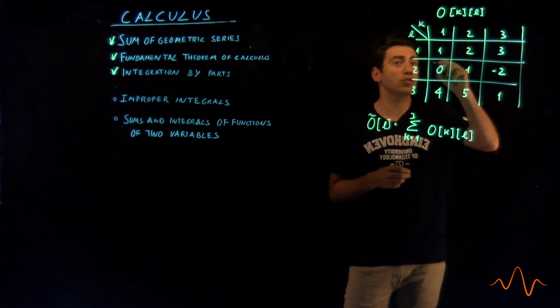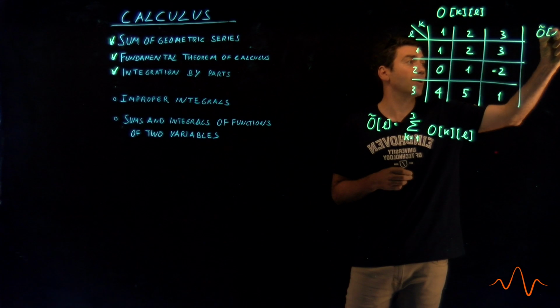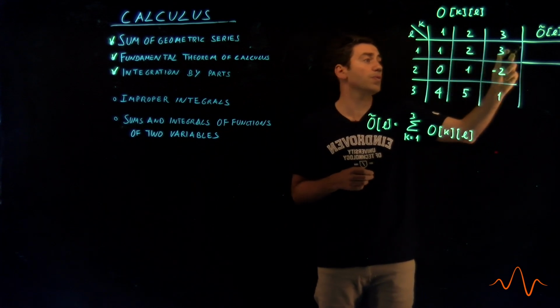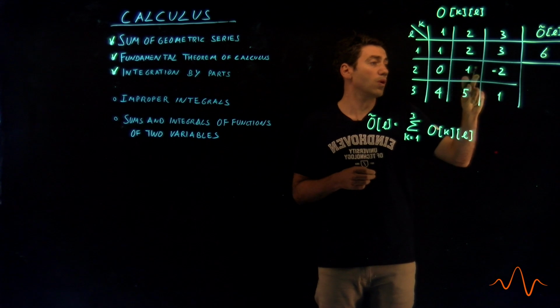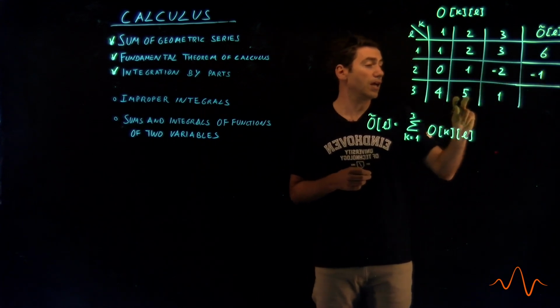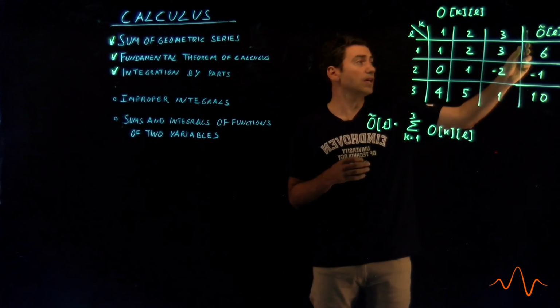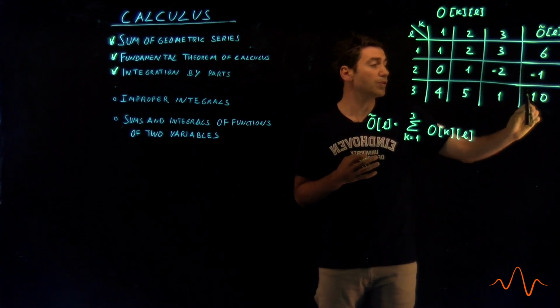Once I fix l to be equal to 1, I just have to add the terms. For l equals 1, I add these three terms with respect to k: 1, 2, 3, that gives me 6. Here I get 0, 1 minus 2 gives me minus 1. And finally, here I get 10. So O tilde of 1 is 6, O tilde of 2 is minus 1, O tilde of 3 is 10.